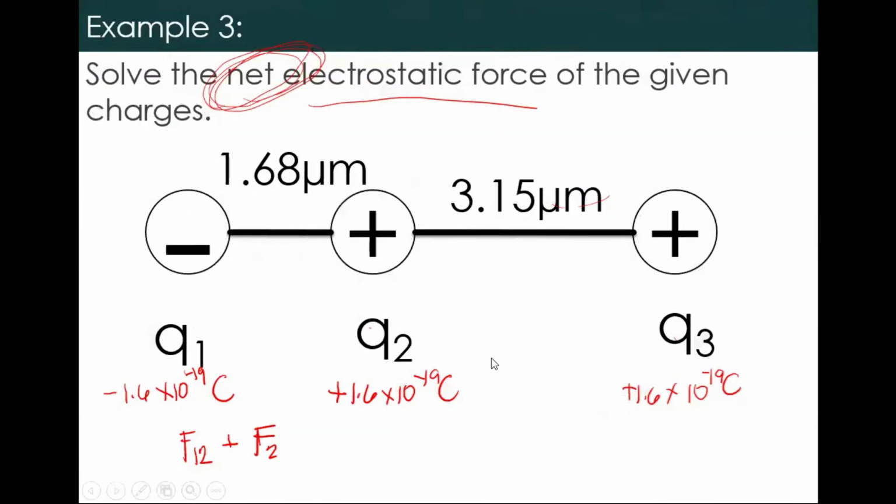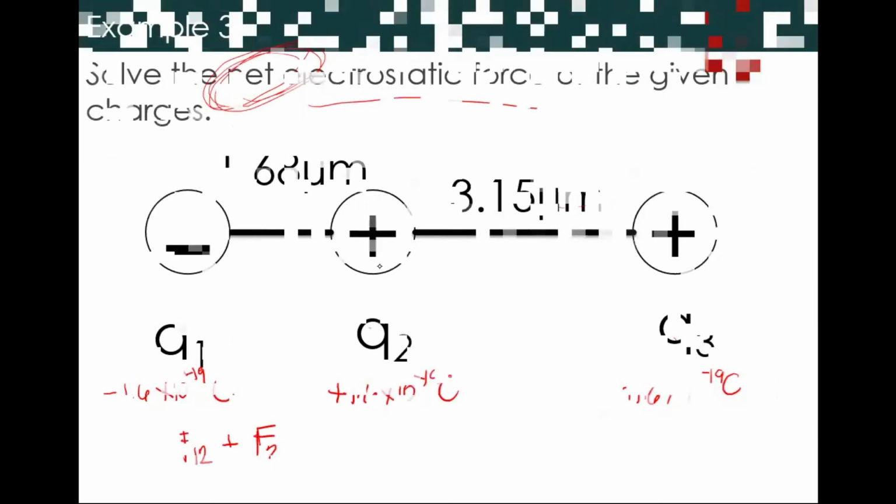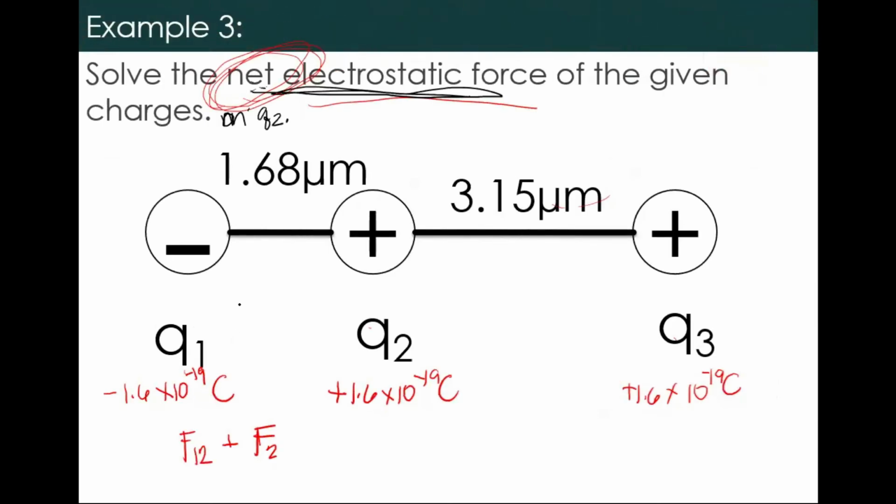Okay. Clarification for example number 3, please add there, it should say "on." On Q2. Meaning, you will add the net electrostatic forces that act on Q2. So since Q2 is your center, the forces that act on Q2 are F12 and F23.